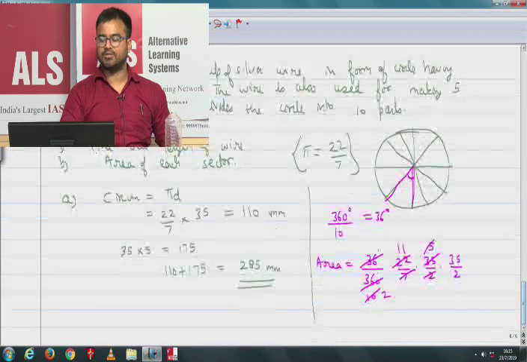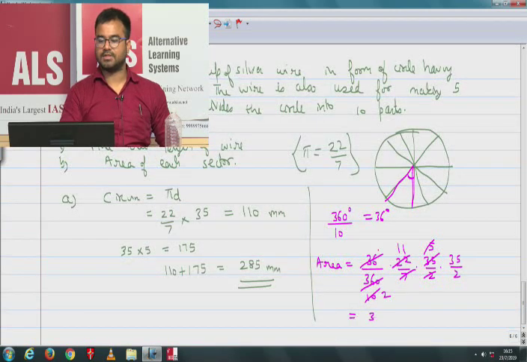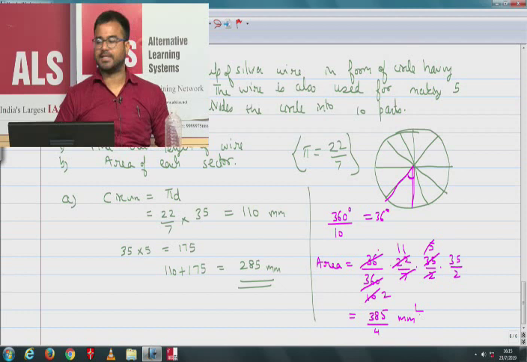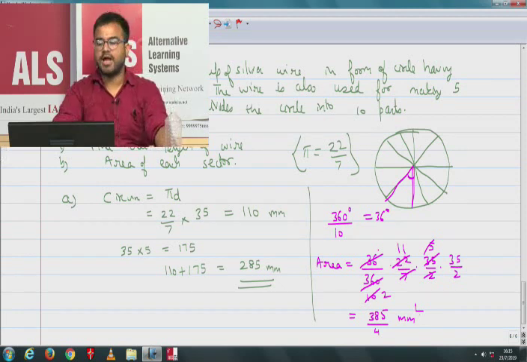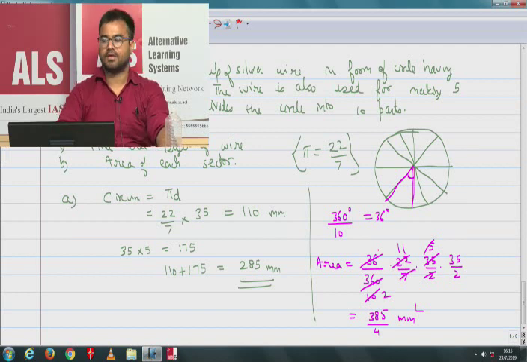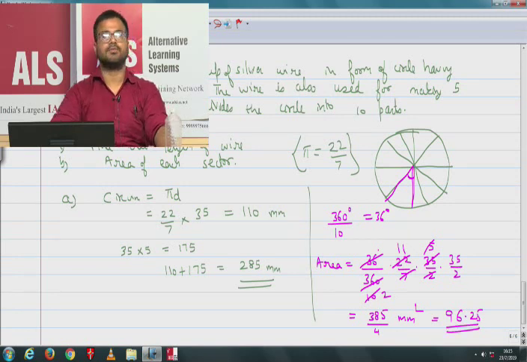So it will be 35 into 11, which is 385 divided by 4 millimeter square. That is the area of each sector. 385 over 4. And you can convert this into decimal also. If you convert this into decimal, it will be 96.25.